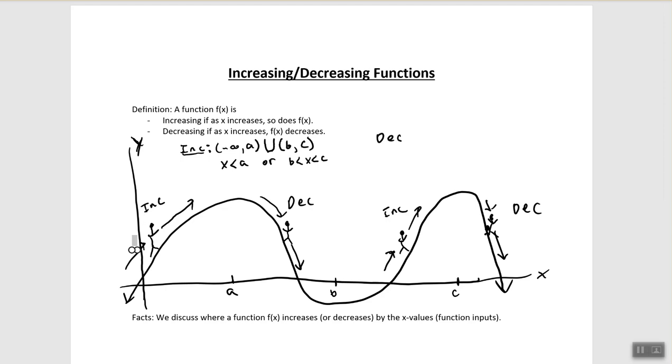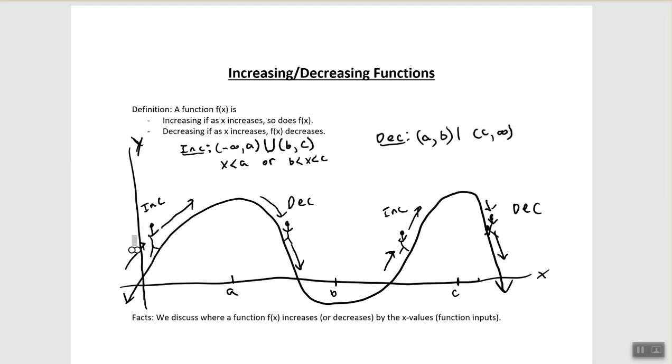I am decreasing when I'm walking downhill. So starting at that spot A, and I'm using my soft bracket, my non-inclusive one, for interval notation, I'm decreasing up until I get to B. Then I decrease again from that location at x equals C. And then I'm going to keep decreasing no matter how far I walk, so I'm walking downhill, so I'm going to have that go to infinity.